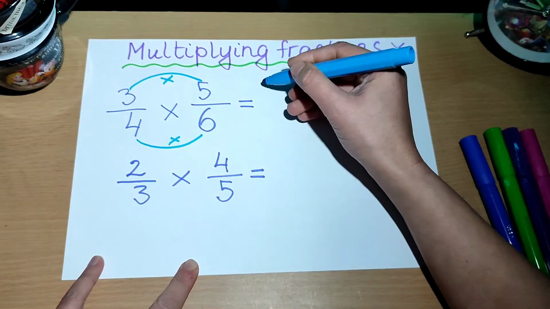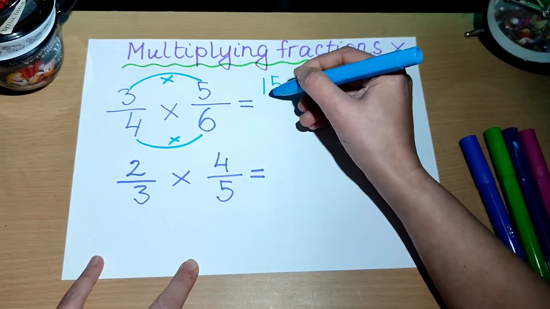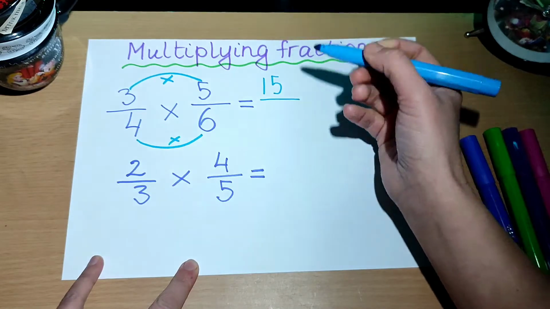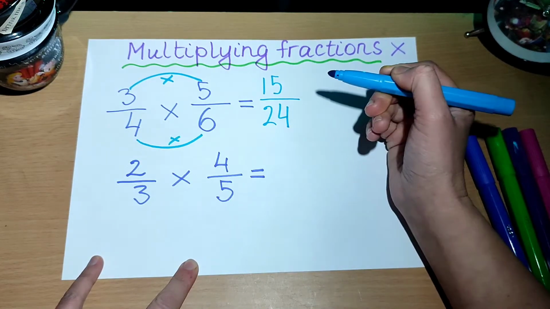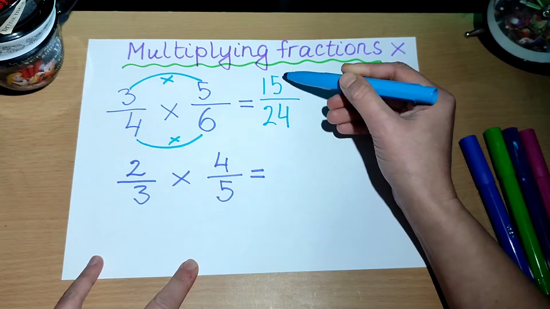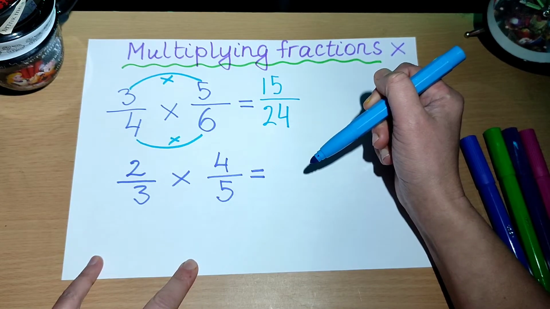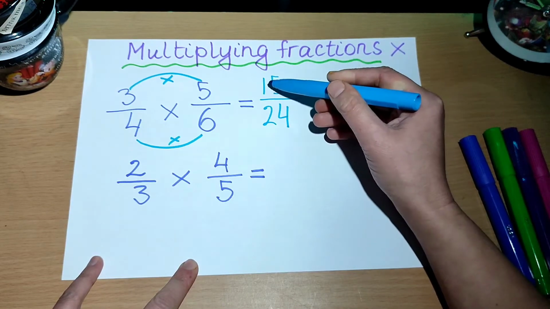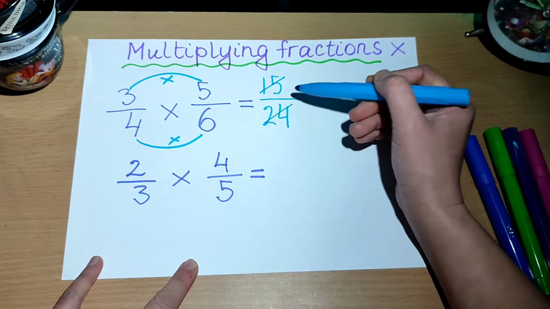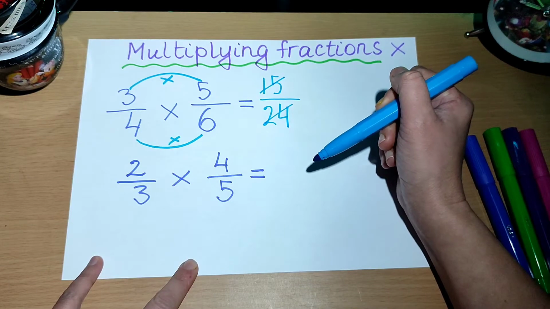So 3 times 5 is 15 and 4 times 6 is 24. Let's have a look if we can simplify this fraction. What's the highest common factor that we can divide both the top and the bottom number by?